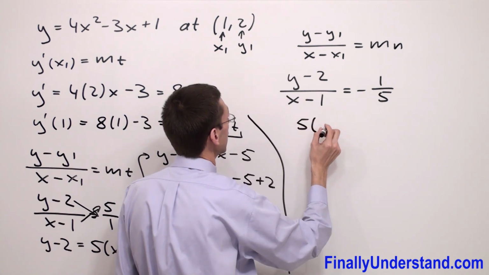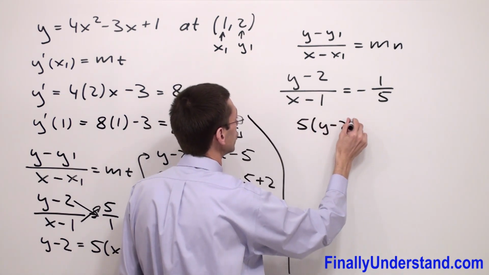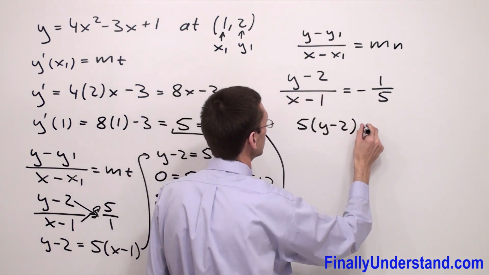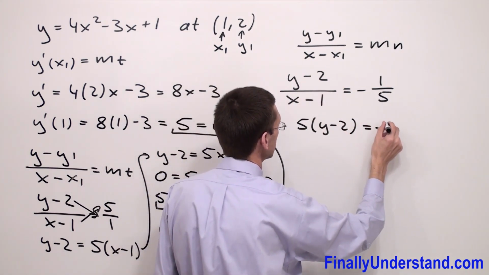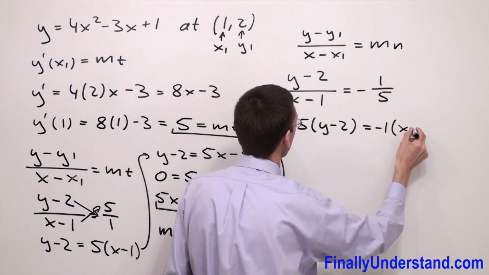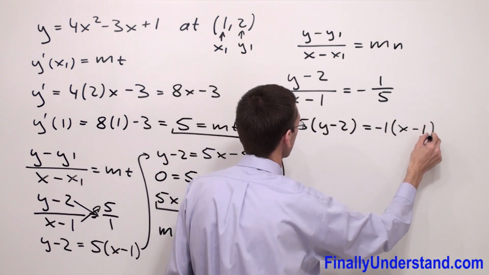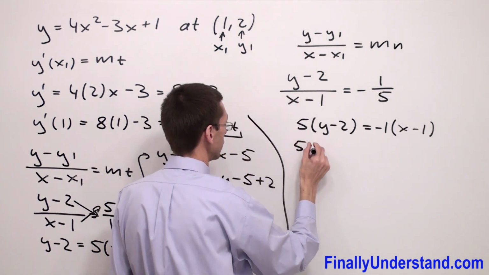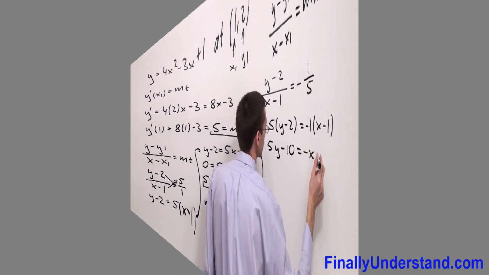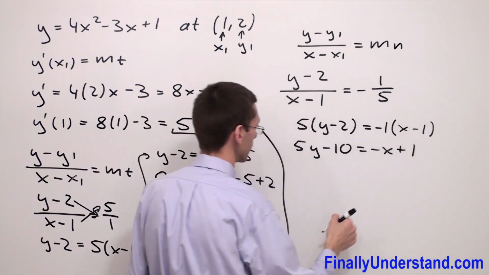We are going to obtain 5 times (y minus 2). I multiply this numerator with this denominator, which is equal to negative 1 times (x minus 1). So I have 5y minus 10 is equal to negative x plus 1.